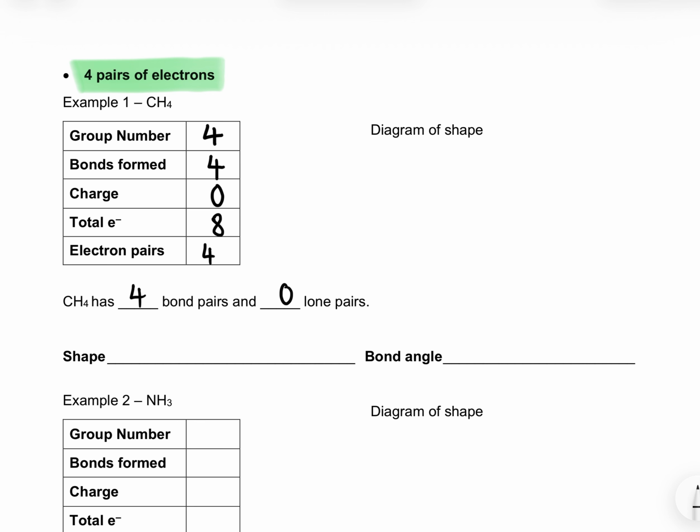So when there are 4 bond pairs and no lone pairs, all 4 bonds repel equally, and now the shape has to go into 3 dimensions in order to spread them out as far apart as possible. They're going to take up the corners of a tetrahedron, and so the shape is called tetrahedral.